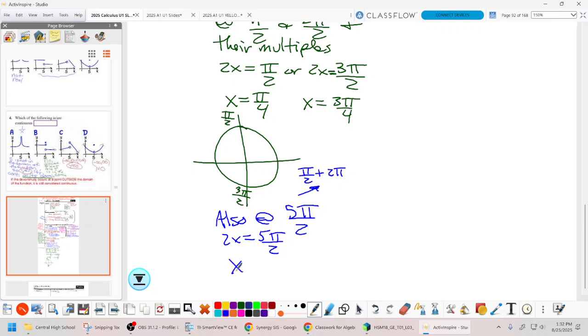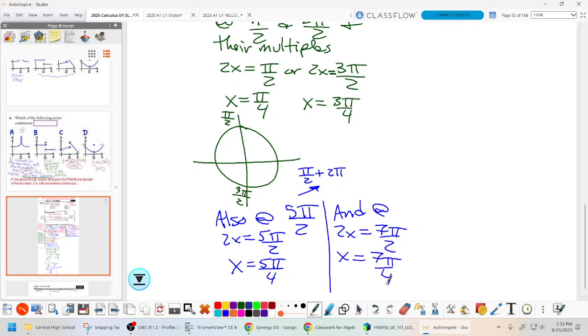Divide by 2, that's going to be 5 pi over 4. And at this point, maybe you can see a pattern. Where's the next one going to be? If I come to here and add 2 pi, that's going to be 7 pi over 2, right? And at 7 pi over 2, 2x equals 7 pi over 2, or x equals 7 pi over 4.